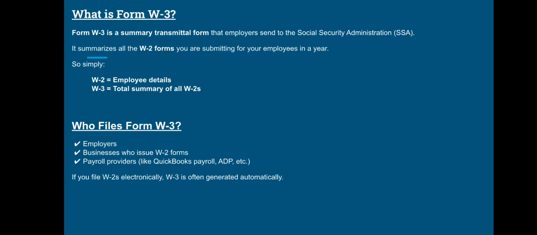So what is form W3? Form W3 is a summary transmittal form that employers send to the Social Security Administration, the SSA. It summarizes all the W2 forms you are submitting for your employees in a year. So simply, W2 is each individual employee's details, W3 is the total summary of all W2s.